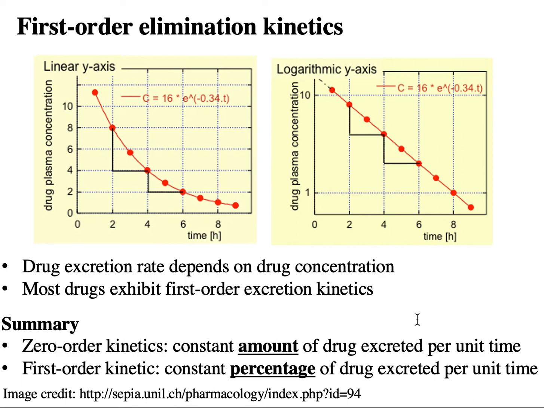Most drugs are first order. For zero order, it's a constant amount of drug excreted per time. For first order, it's a constant percentage of drug excreted per unit time.